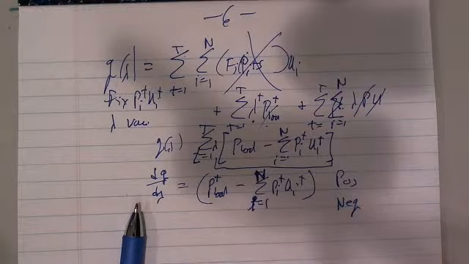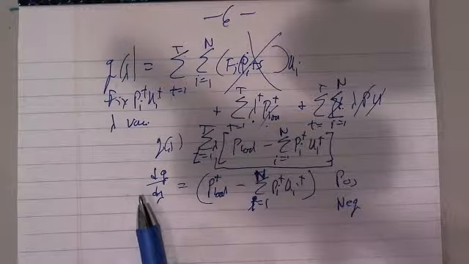So you can think of the problem as I start out with a bunch of hours, and I have a very simple procedure for adjusting the value of lambda. Start out with lambda equal to 0.